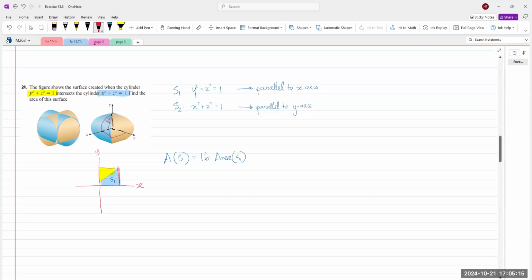This is my S1. Now looking at that S1, I want to say S1 in the first octant, octant 1.